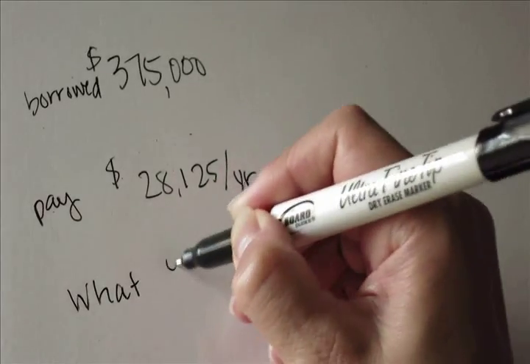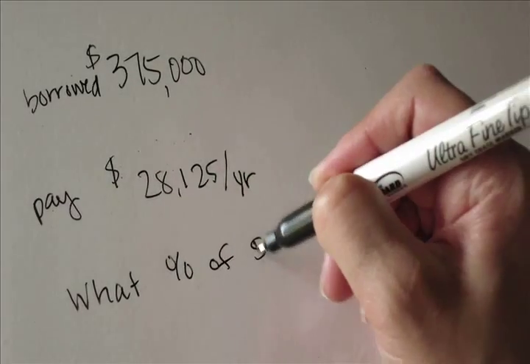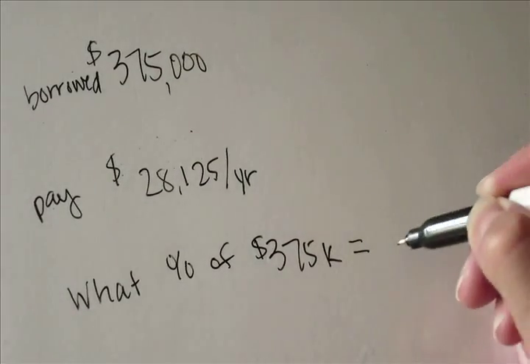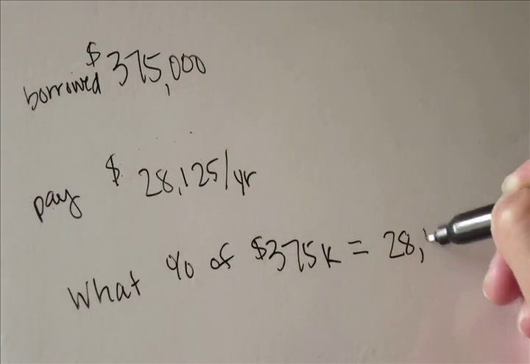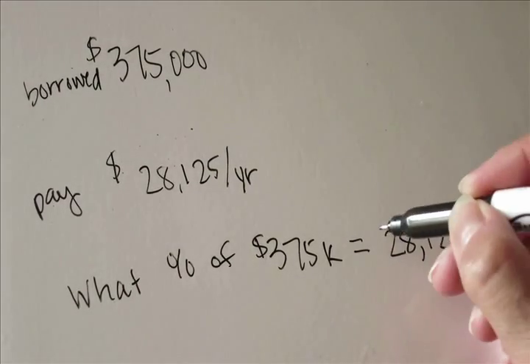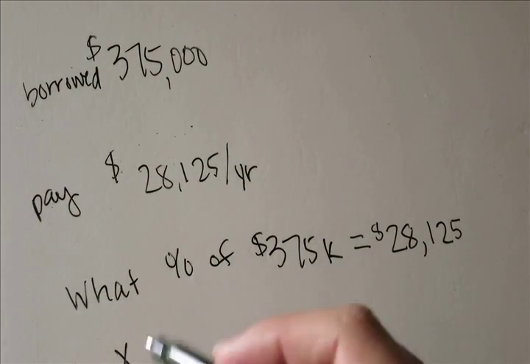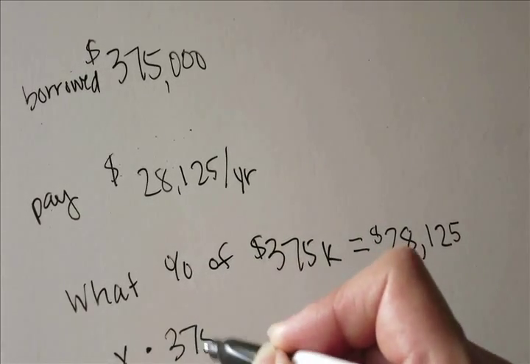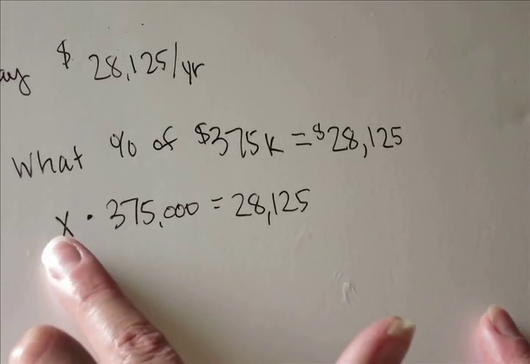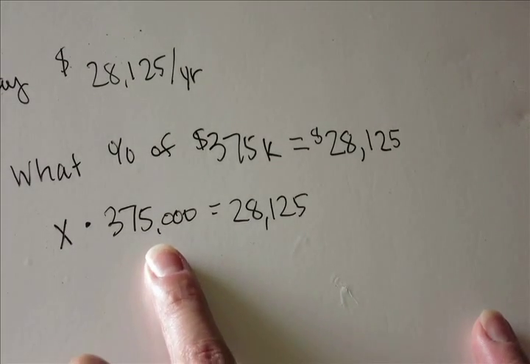You wind up with what percent of the $375K will equal what he can afford to pay per year, which is $28,125. We'll say the percent is X times 375,000. The story problem can be essentially reduced to this equation.